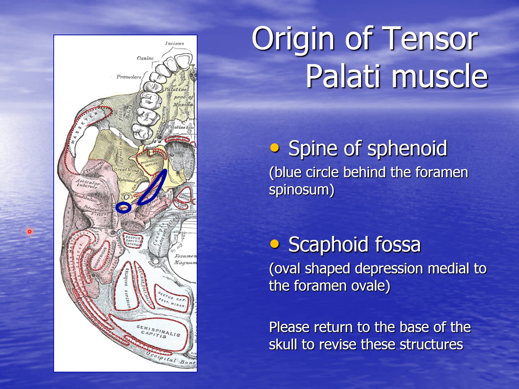The origin of the tensor palatine muscle. The tensor palatine takes origin from two parts in the base of the skull. The first one is the spine of the sphenoid, which is behind the foramen spinosum.